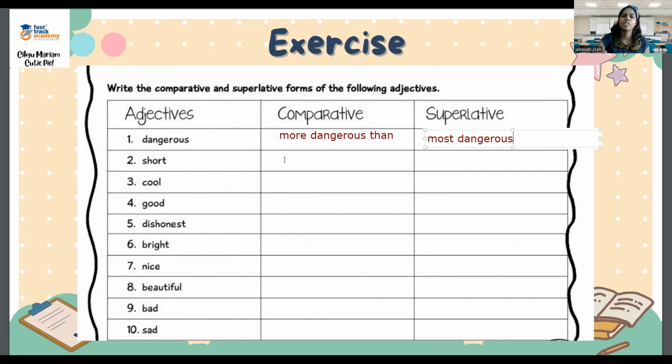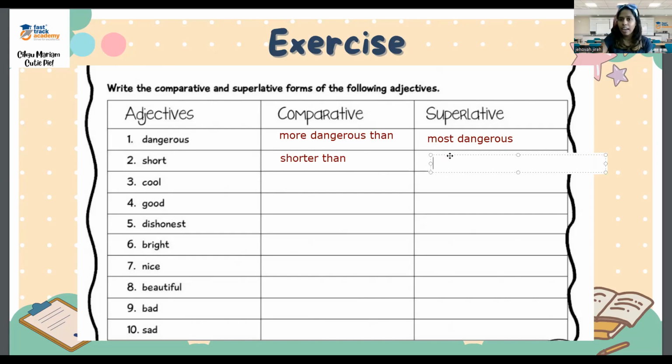Okay, all right, so let's move on to number 2. What is your answer? Comparative: she is shorter than him. All right. Okay, how about when you want to compare one person to all of them?